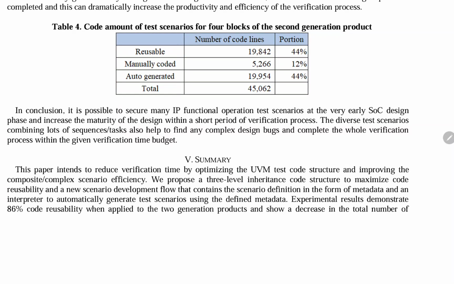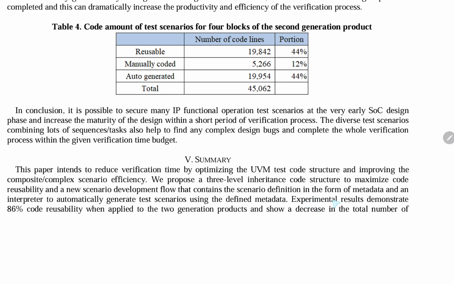The summary. This paper is intended to reduce the verification time by optimizing the UVM test code structure and improving the composite and complex scenario efficiency. We propose a three-level inheritance code structure to maximize code reusability, and a new scenario development flow that contains scenarios defined in the form of metadata and an interpreter to automatically generate the test scenarios using the defined metadata.